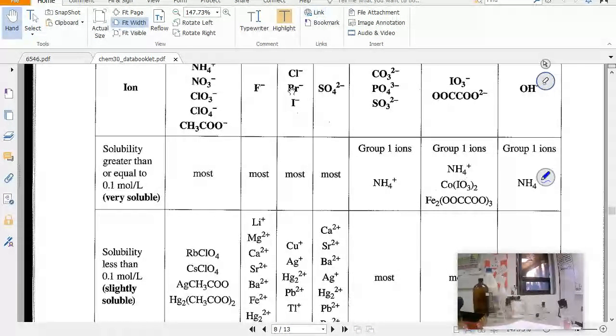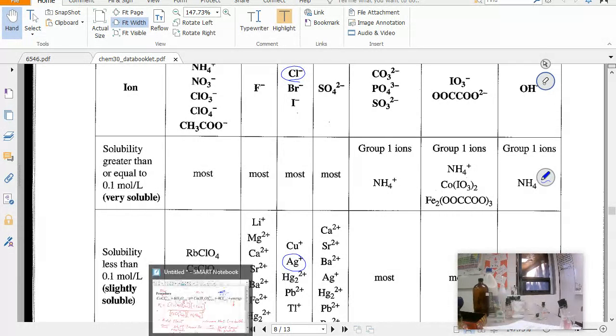So what we can see here is silver occurs in a couple places. There's one of them. That's the one I'm looking for. It is going to precipitate out, it's going to react with the chloride ions to precipitate that out.